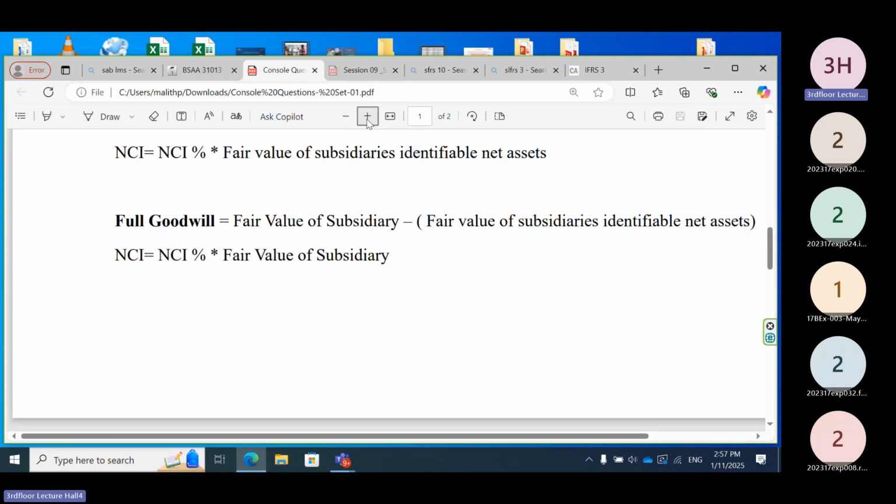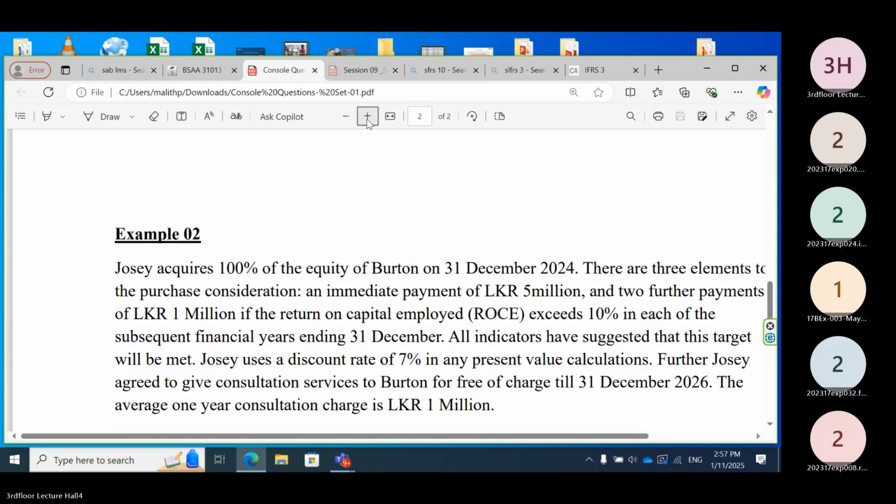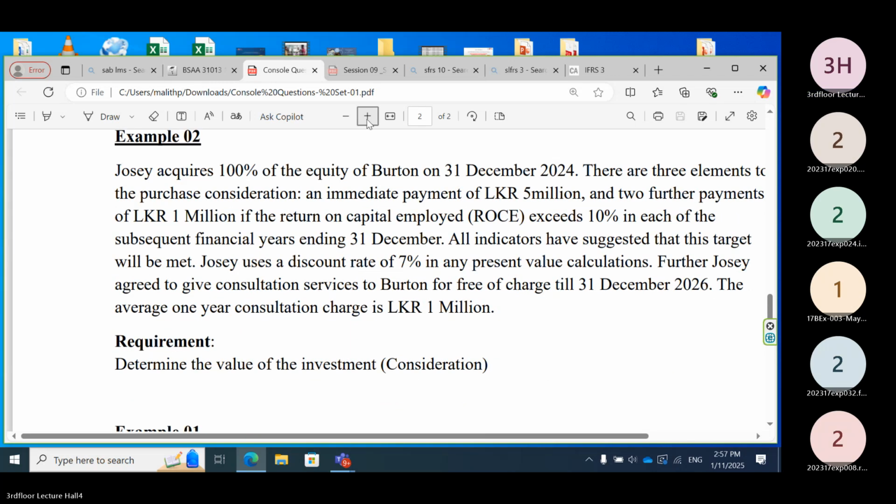So then example one. Question. Determine the value of investment. Basically, the consideration. Now the goodwill consideration.